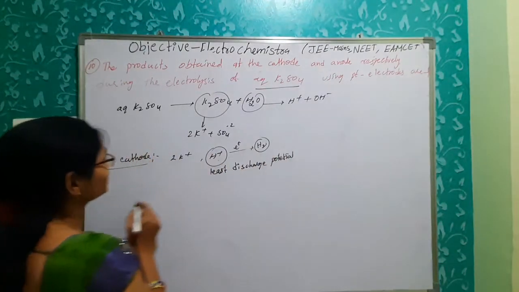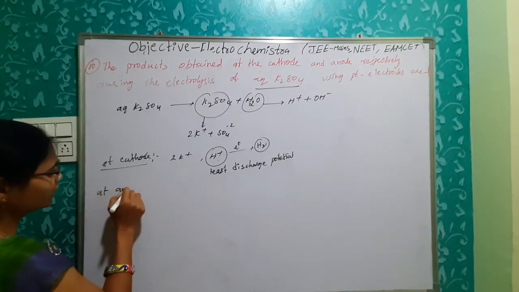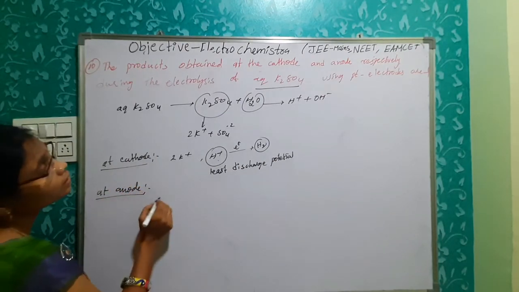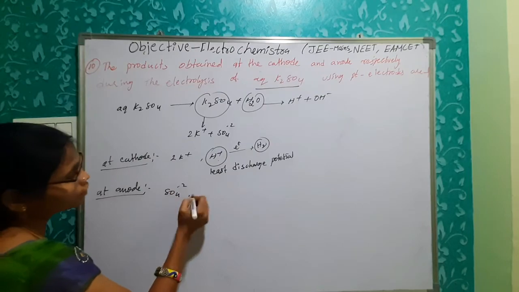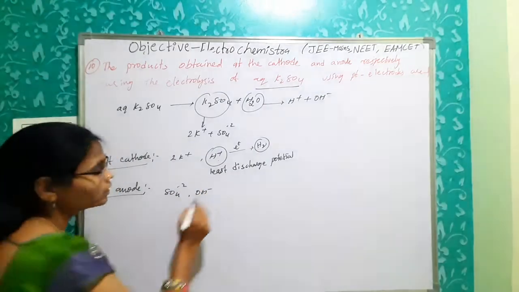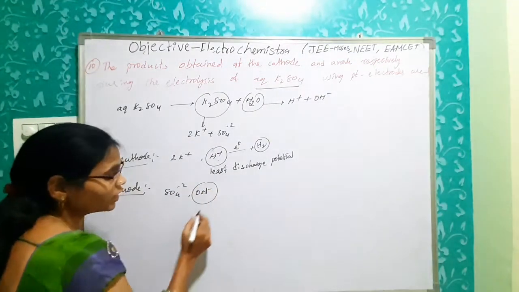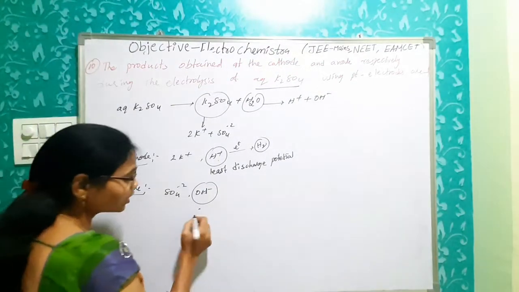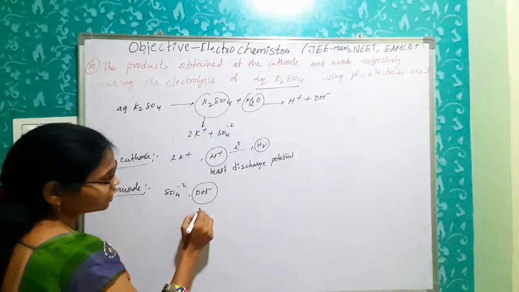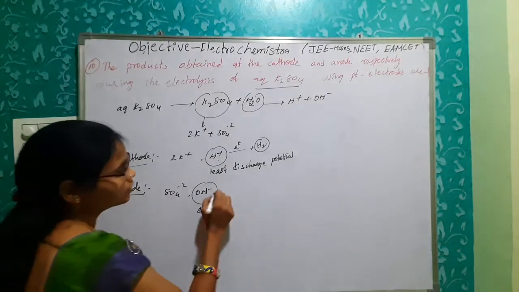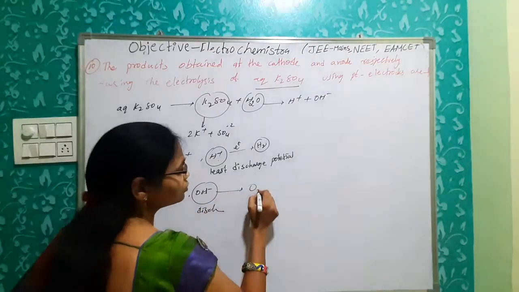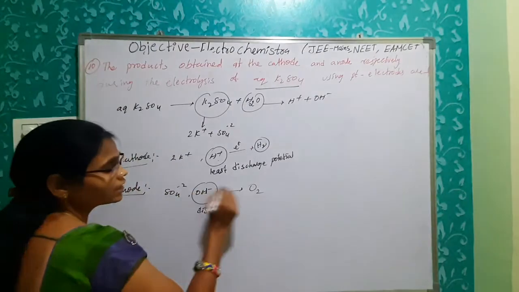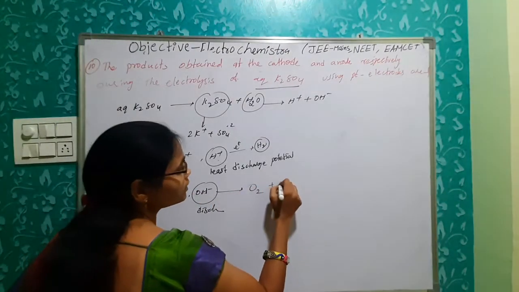Then next at anode, which ions are there? SO4 minus 2 and OH minus. Which has the least discharge potential? OH minus ion, so it gets discharged first. So OH minus ions lose electrons to give O2 and H plus ions.